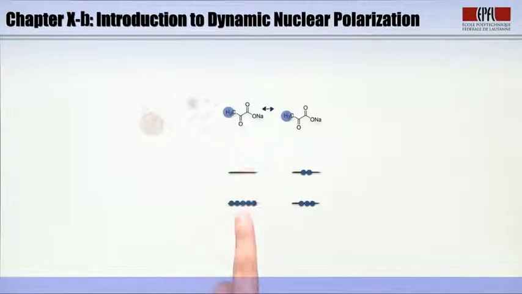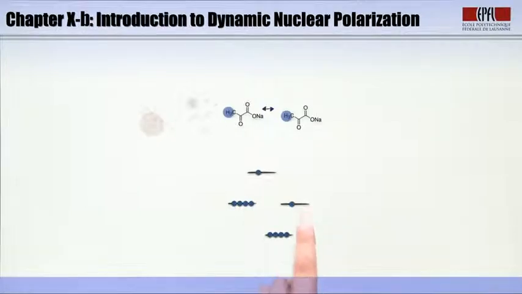Let's assume here we have a spin with a high polarization and here a spin with a low polarization, and let's assume that you have a dipolar coupling between those two spins that is going to be enabling spin diffusion. Well, as you can see, the spin diffusion is going to drive a transition between this energy level and this energy level, which is an energy conservative transition, and will tend to equilibrate the population amongst those two energy levels.